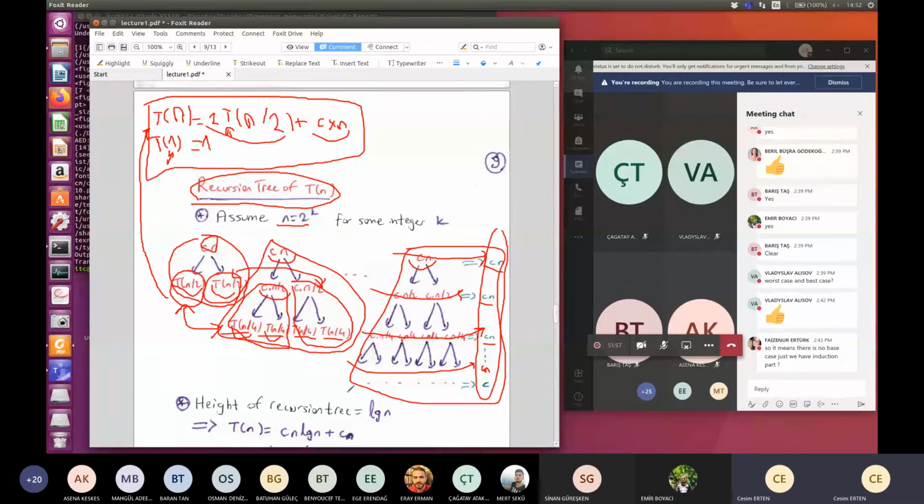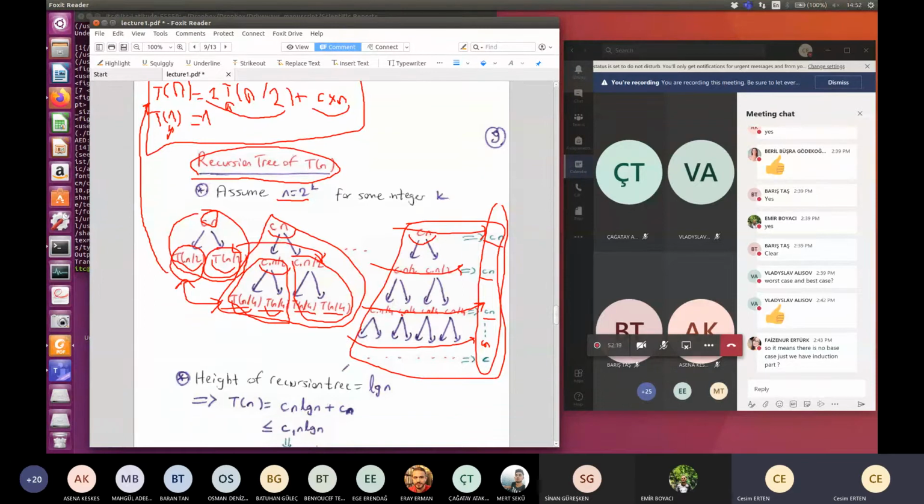So which means that at level k, we actually have T of n divided by 2 to the k. So this is T of n divided by 2 to the 1, sorry, here, T of n divided by 2 squared, T of n divided by 2 cubed for the next level.